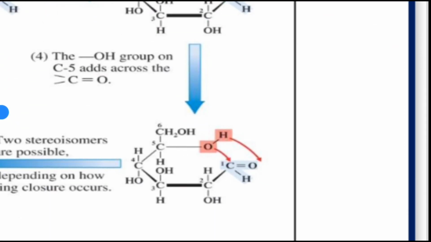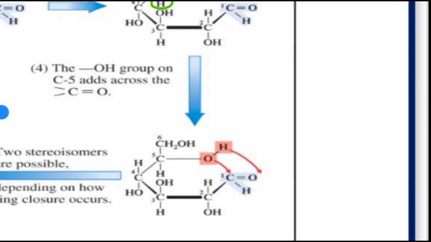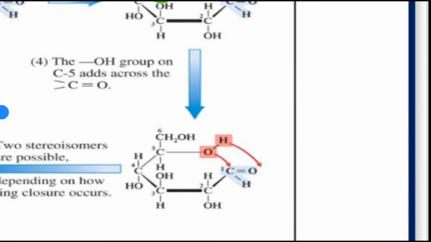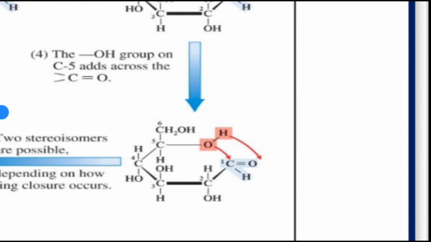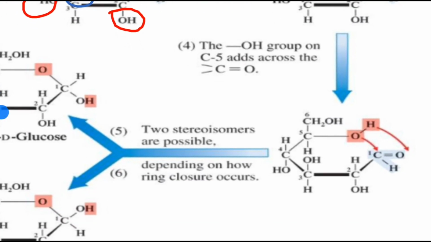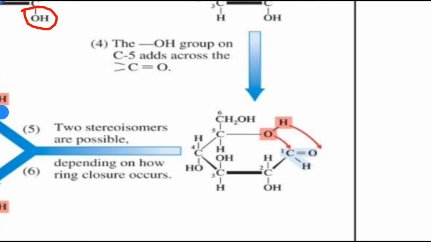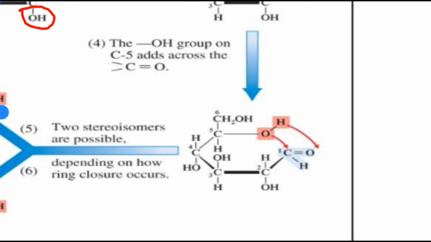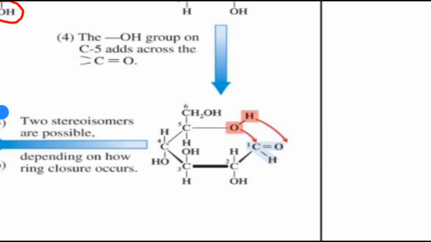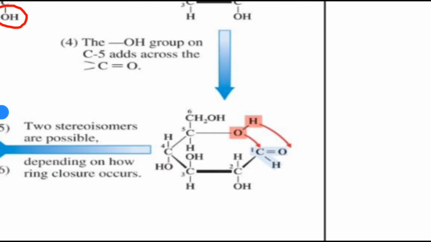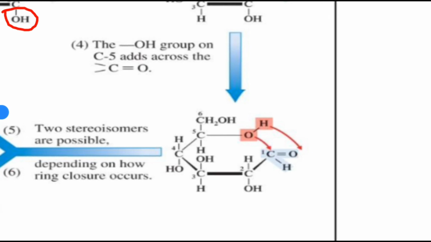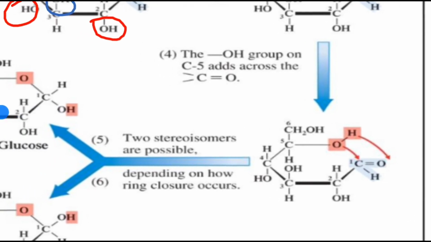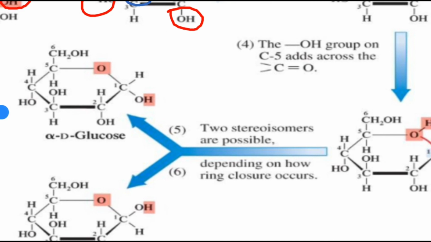That OH group now will add across the carbon double bond O. So in step 5, the structure on the right side of steps 5 and 6 will look like that after the OH group adds on carbon 5. Just look at the direction of the arrows. And it's in step 5.